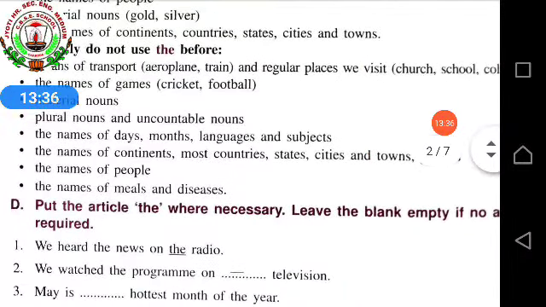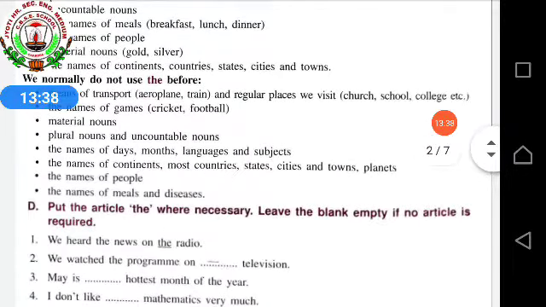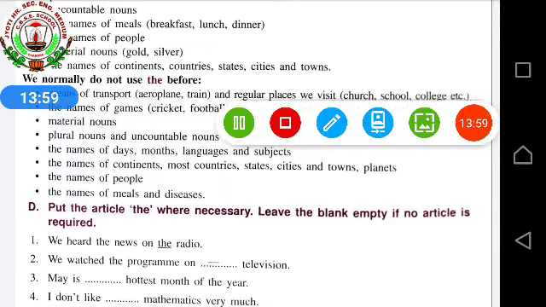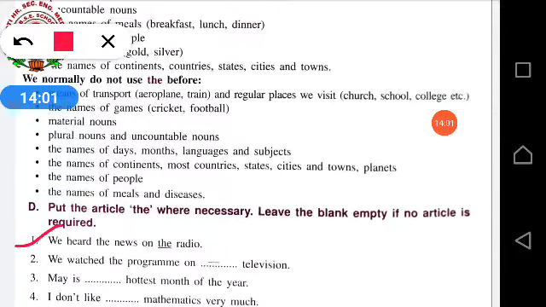The next question. Put the article the where necessary. Again the same question, children. There we were doing a and an. Here we will be taking the. So we have to put the article the where necessary. Leave the blank empty if no article is required. The first one is given as an example. We heard the news on the radio.